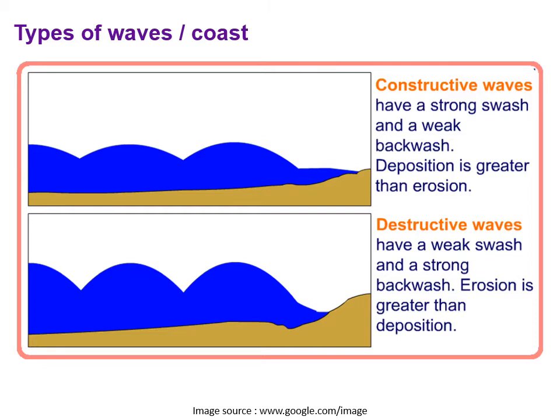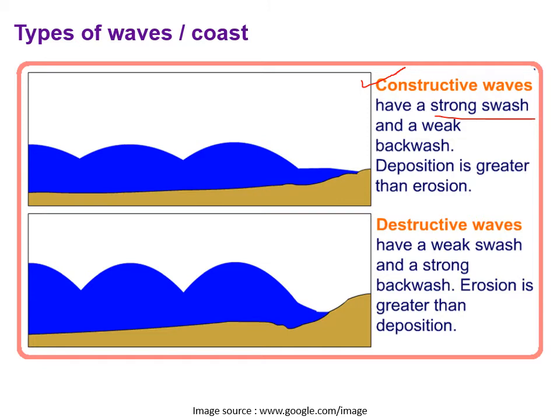The first one is the constructive coast. As the name suggests, you can very easily understand that here, apart from erosion, deposition by strong swash, that is the surfing of water towards the land mass, is more dominant.